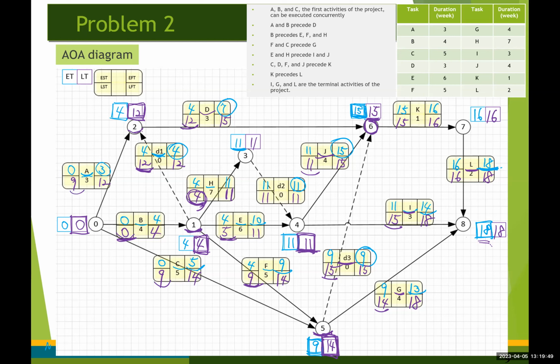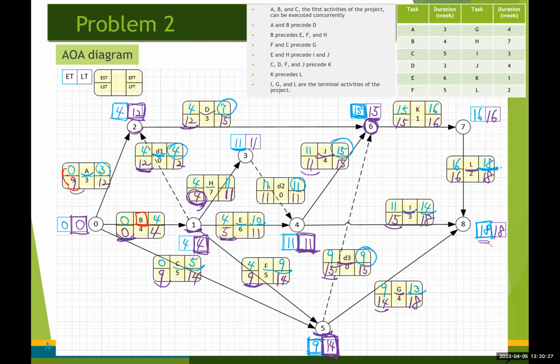Okay, so now let's determine the critical path. So we need to get the total float for each activity, right? So what you need is to compare the values between these two, right? For each activity, we need to compare the earliest start time and latest start time, right? If there is no difference, then the corresponding activity is going to be one of the critical activities, right? Just like this.